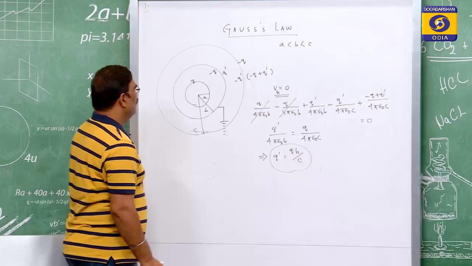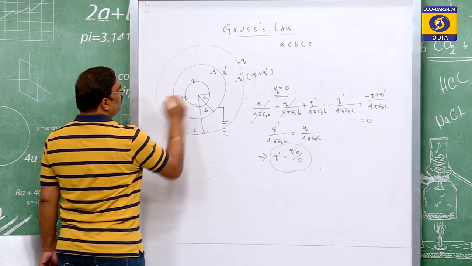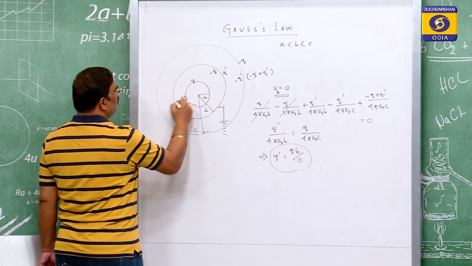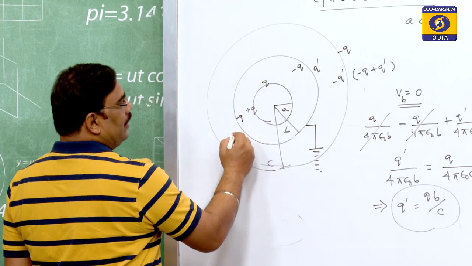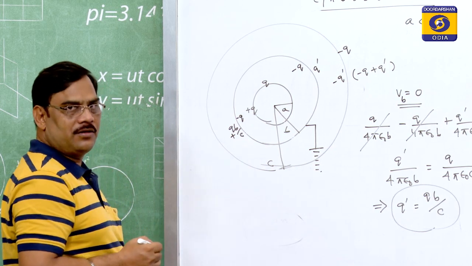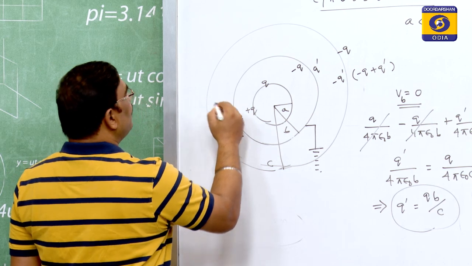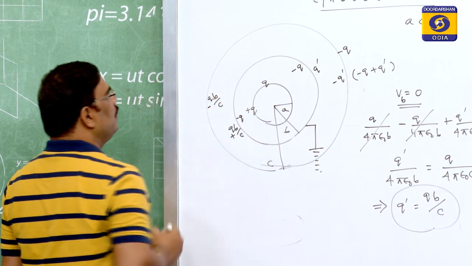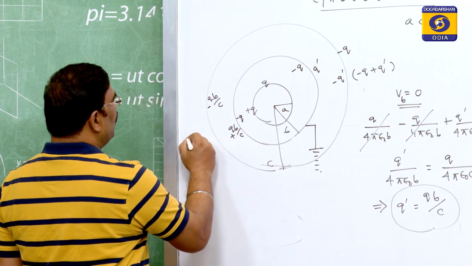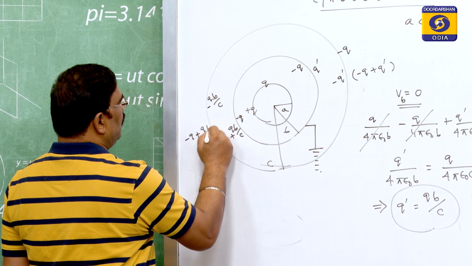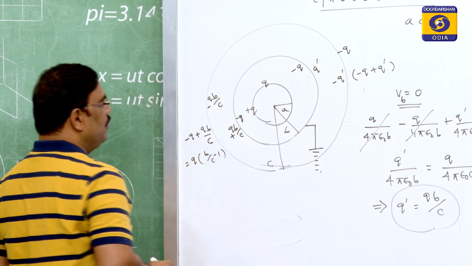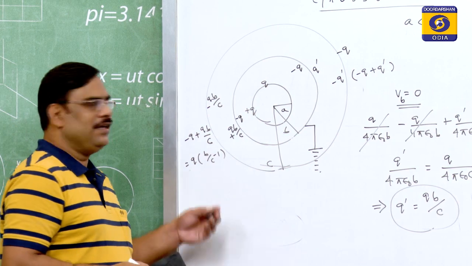This is very important. So, now the charges are plus Q on the surface of the sphere of radius A, minus Q on the inner surface of radius B, and QB by C on the outer surface of radius B, and minus QB by C on the inner surface of radius C, and minus Q plus Q dash, that is Q into B by C minus 1, on the outer surface of the sphere of radius C. Okay.